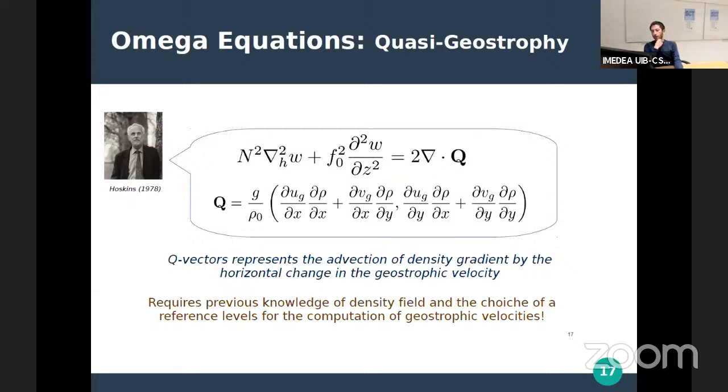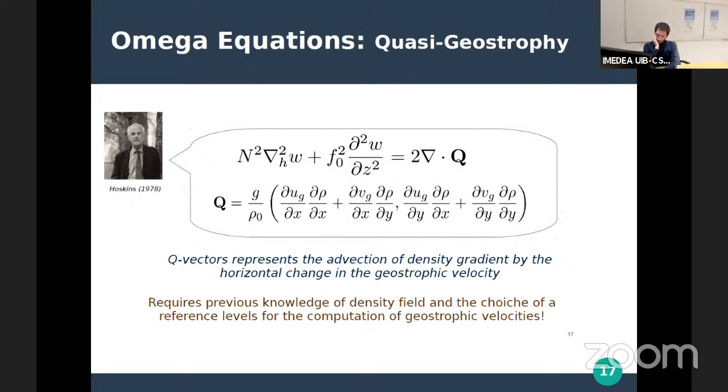And in its Q-vector representation, it's shown there in the equation. Maybe the most important concept here, if you see the terms involved in the equation, is that we can estimate omega, the vertical velocity, just knowing the density and the geostrophic velocity, which can also be computed from the density once we select a reference level.